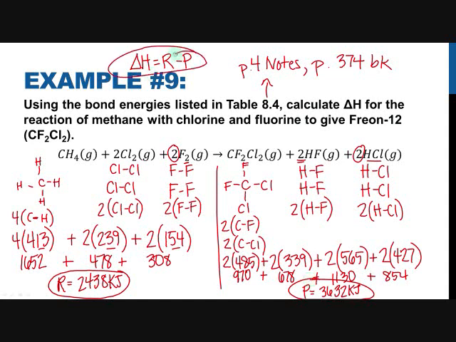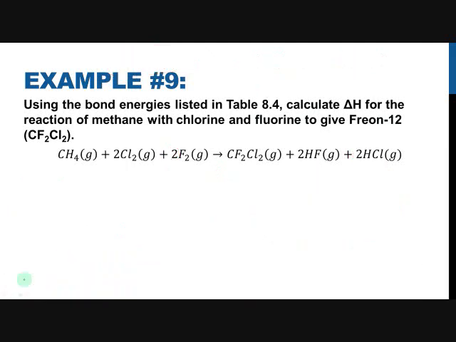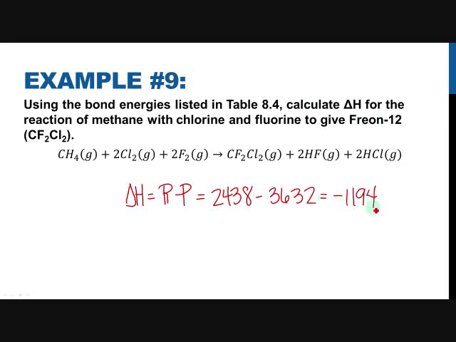And I need to clear my screen because I don't have any more space. So for delta H, which is reactants minus products, I will take 2438 minus 3632, and that gives negative 1194 kilojoules.